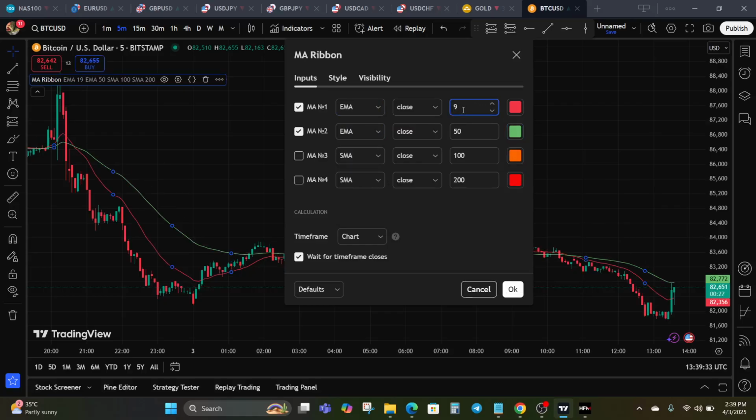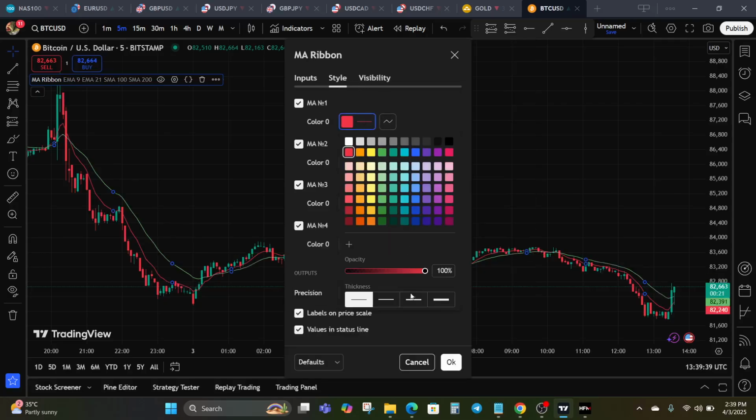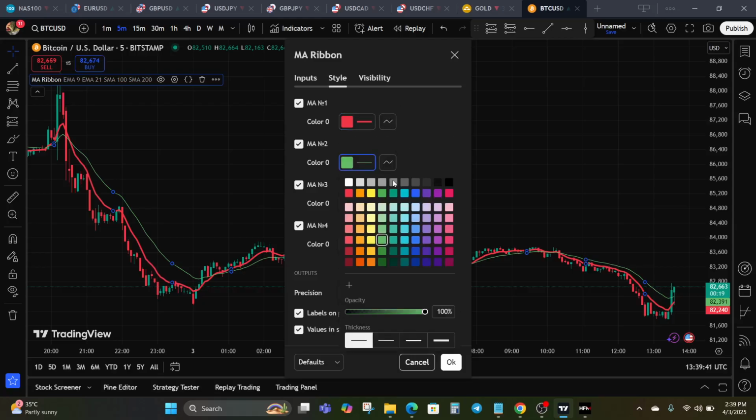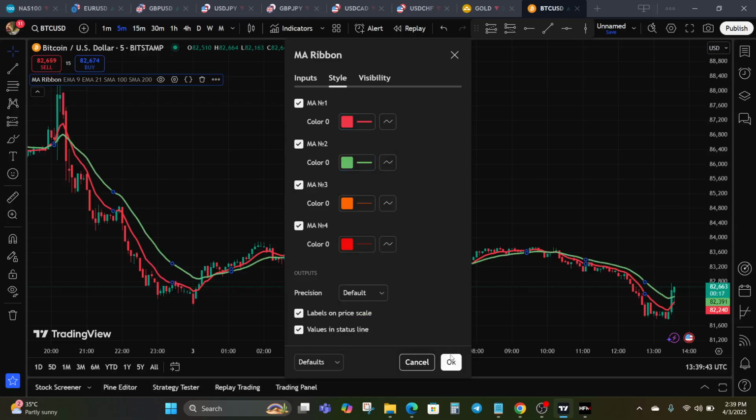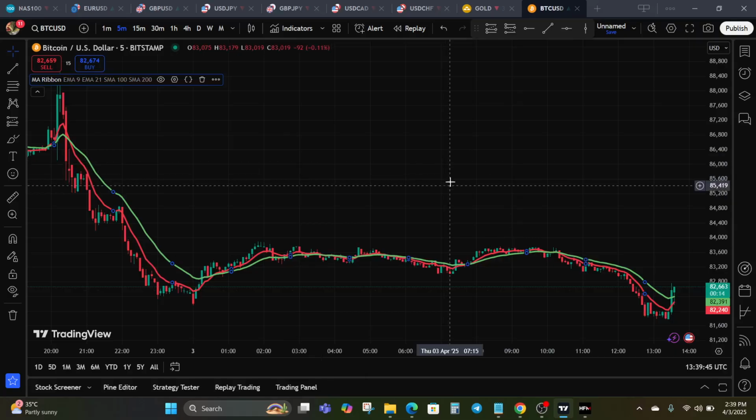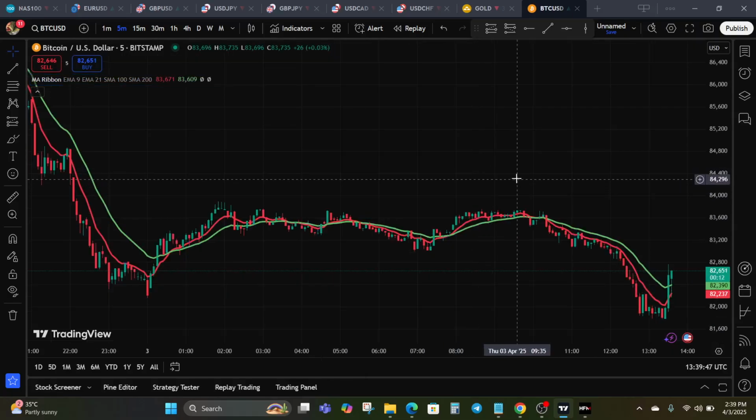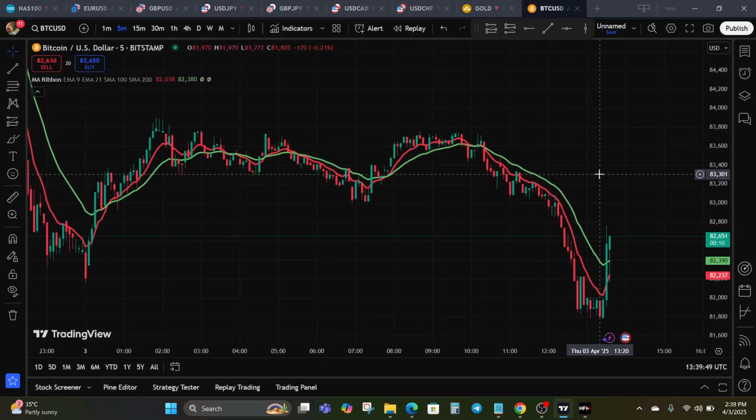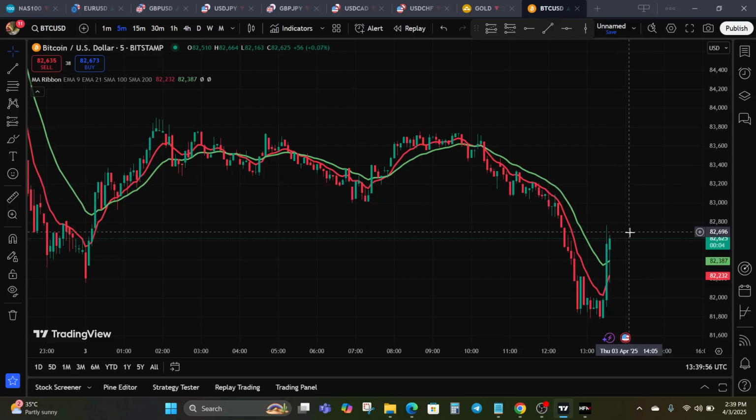One set to 9, the other set to 21. All right. Okay, so the 9 EMA and the 21 EMA. This helps identify trends and dynamic support and resistance levels. So use the 9 EMA and the 21 EMA for quick trend identification.